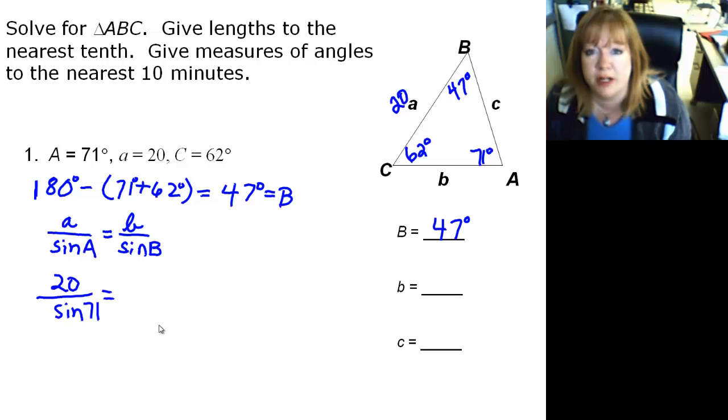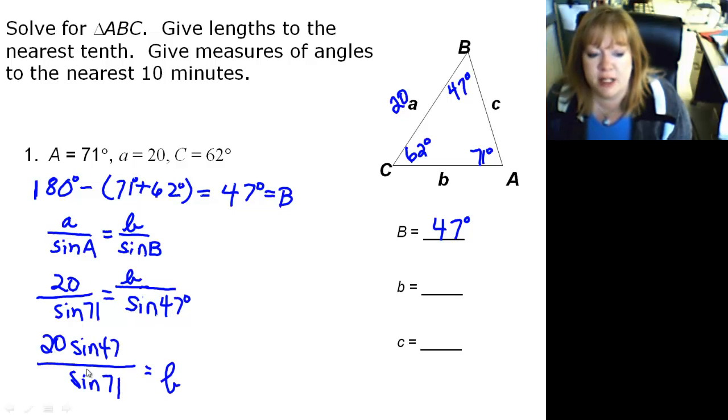So we'd have 20 over sine of 71 equals little b over the sine of 47. Shortcut for solving a proportion: you multiply the two numbers that are diagonal to each other, divide by the third number. So we'd end up with 20 times the sine of 47 divided by the sine of 71. If you need to take it in two steps, take it in two steps. So when we do that, we end up with approximately 15.5.